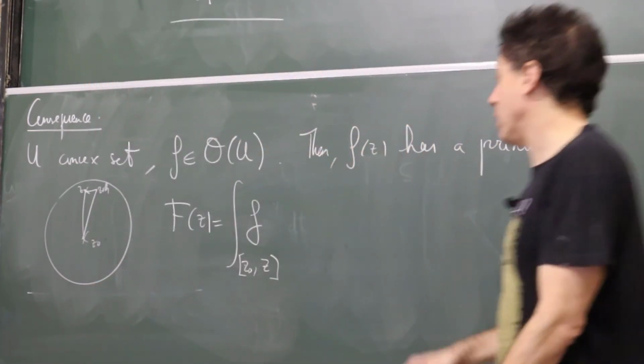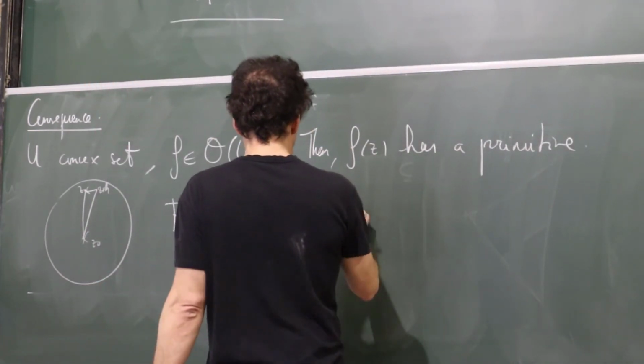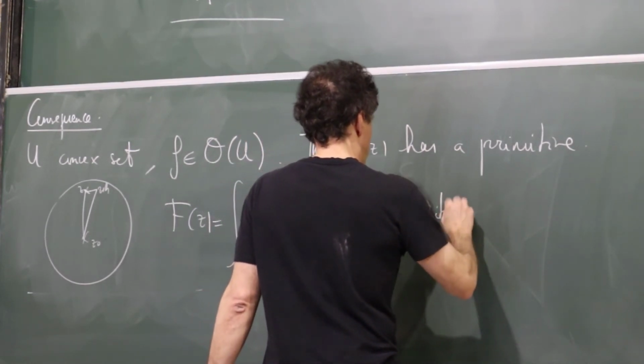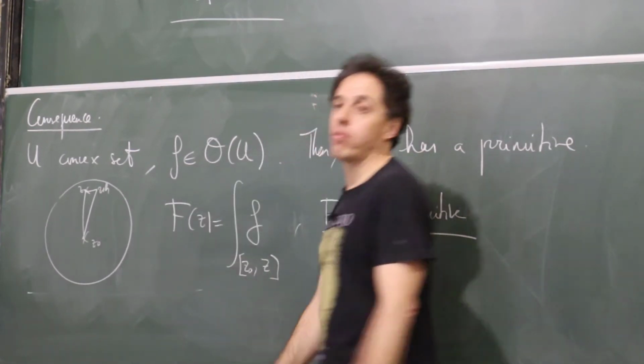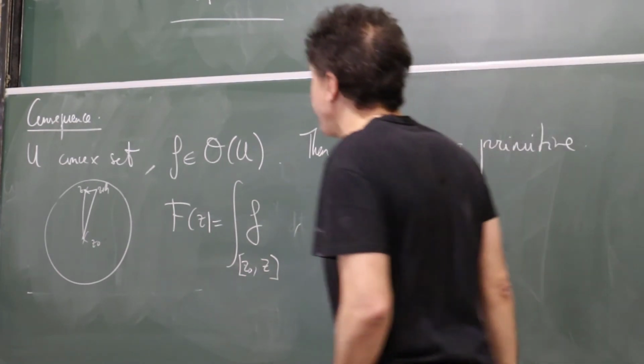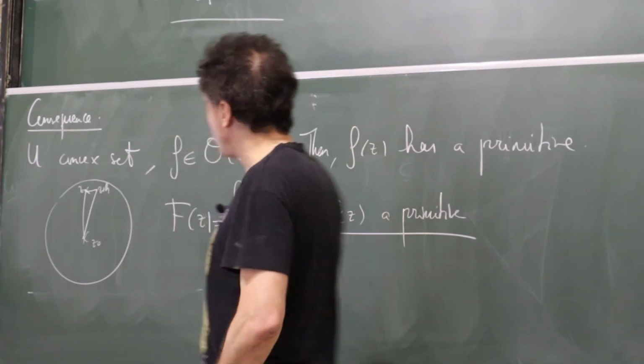So this defines a primitive. So any holomorphic function defined on a convex set always has a primitive.